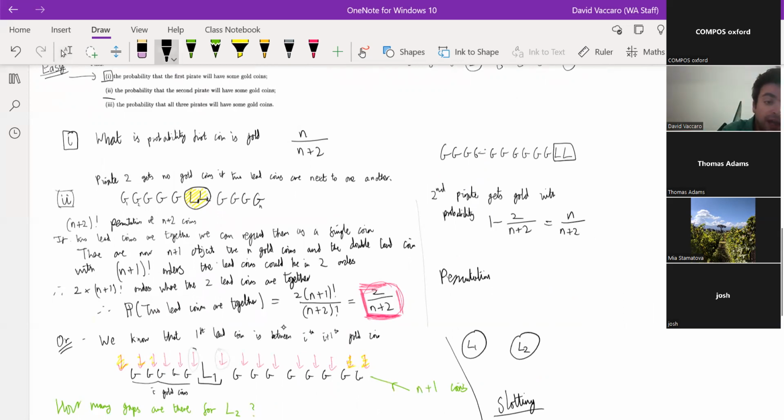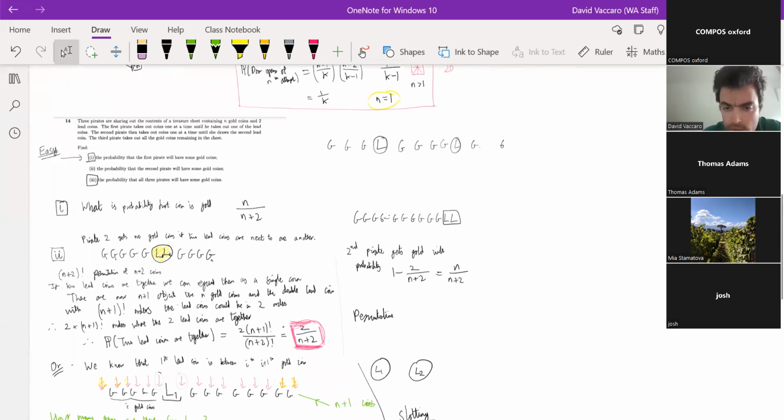Let's have a look now at III, which says, what is the probability that all 3 of the pirates will have some gold coins? Well, people seem to like slotting, so let's do III from a slotting argument. Okay, so let's imagine we've got all the gold coins.